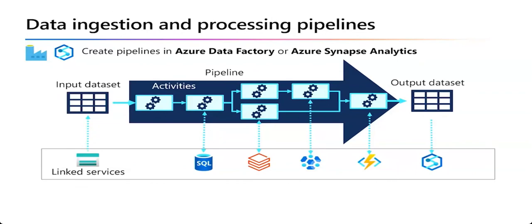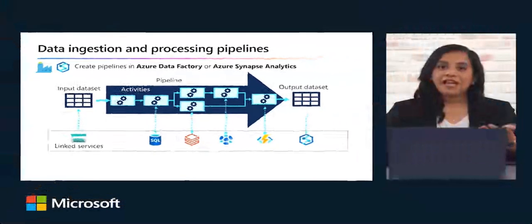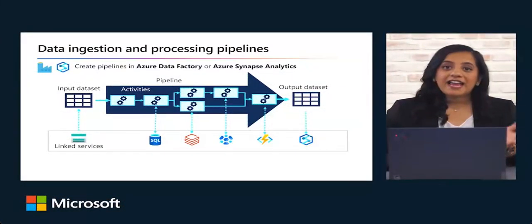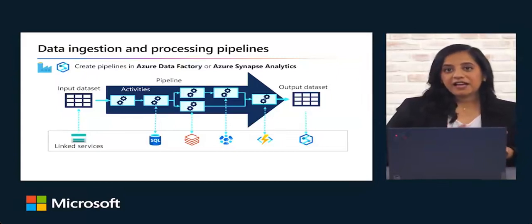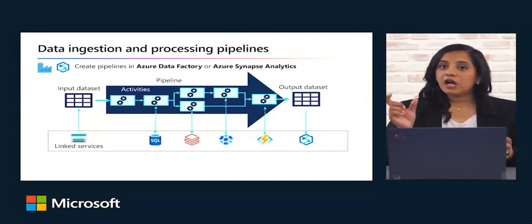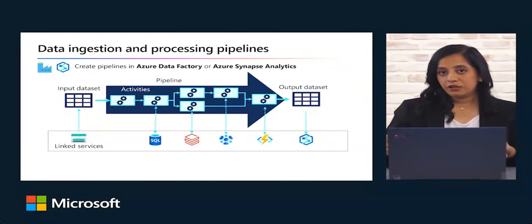In both cases, the pipelines consist of one or more activities that will operate on the data. An input data set provides the source data, and activities can be defined as a data flow that incrementally manipulates the data until there's an output data set which is produced.